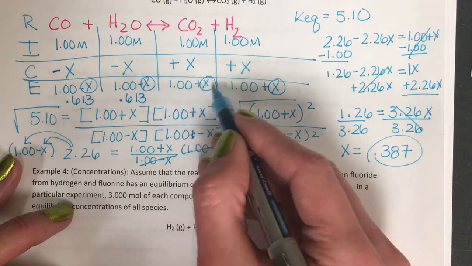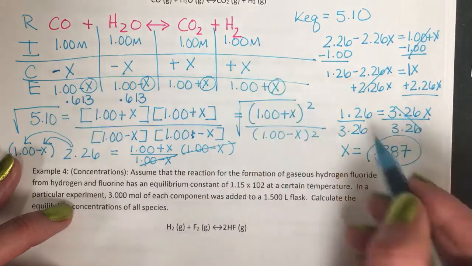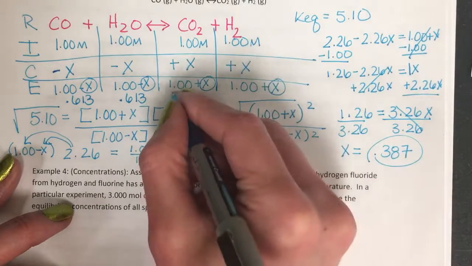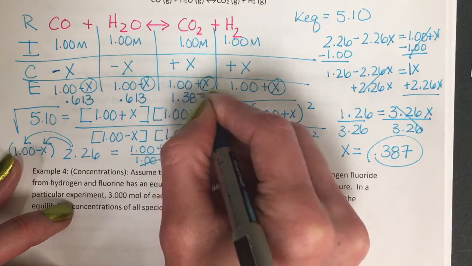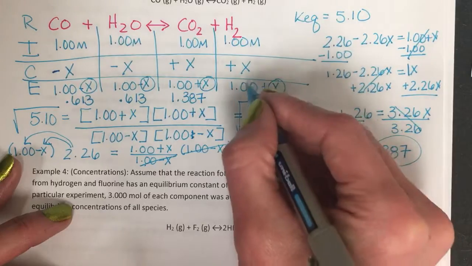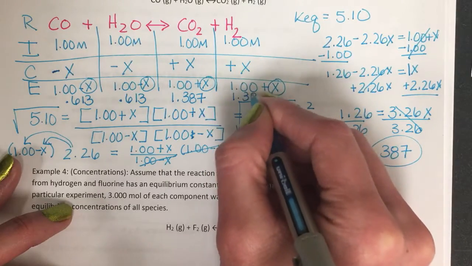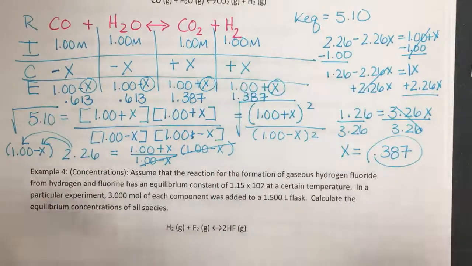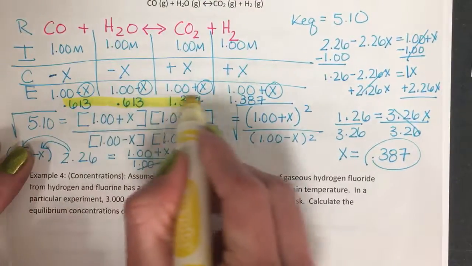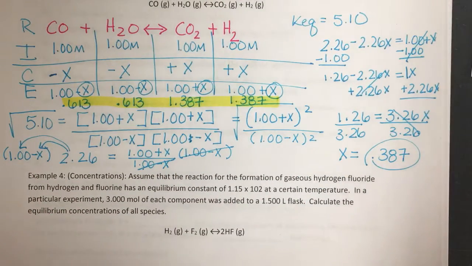CO2 is 1 plus X, so 1 plus 0.387. So same thing here. So these are my equilibrium concentrations for each of those.